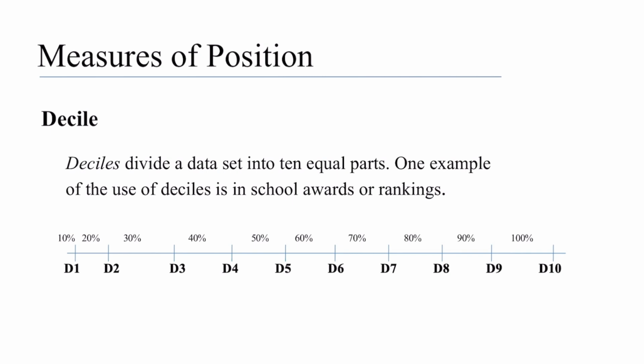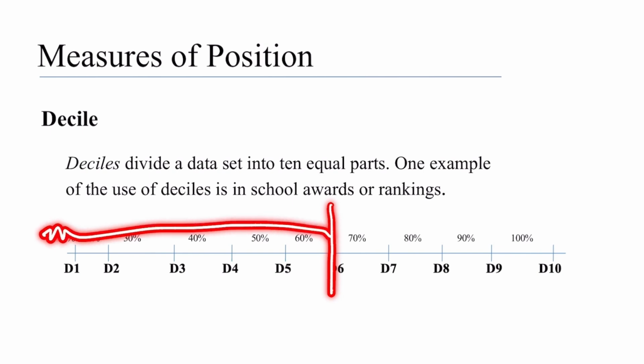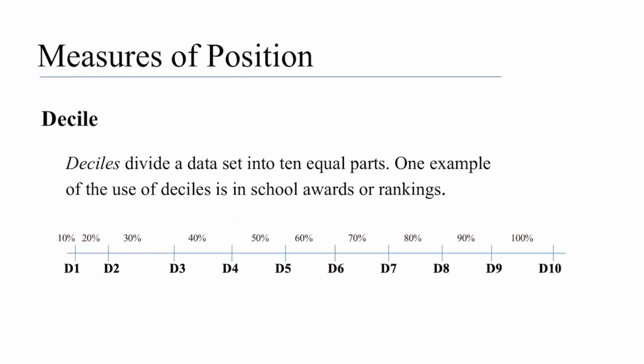Example, if you are tasked to identify decile 6, since decile 6 is equivalent to 60%, then the class will be divided into parts. The lower 60% of the class and the upper 40% of the class. Again, our basis is its equivalent percentage.